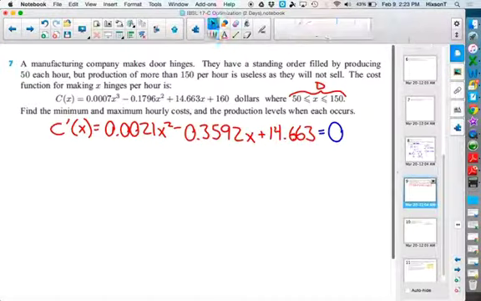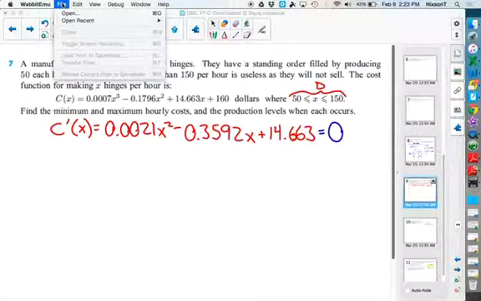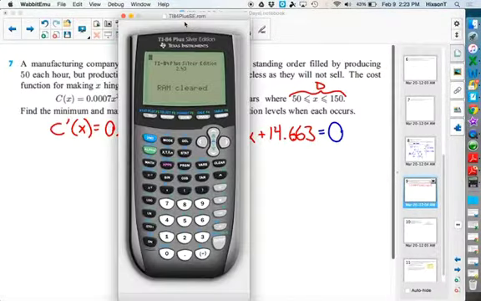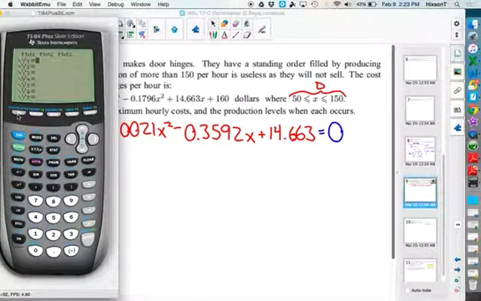If we're using the calculator to find the zeros, we can graph this: 0.0021x squared minus 0.3592x plus 14.663.